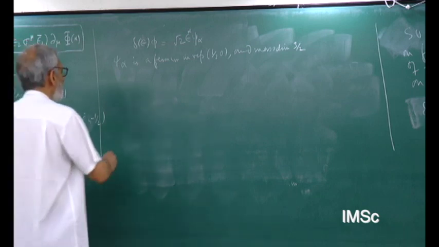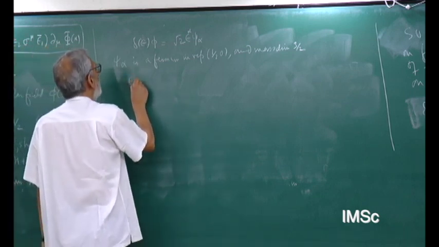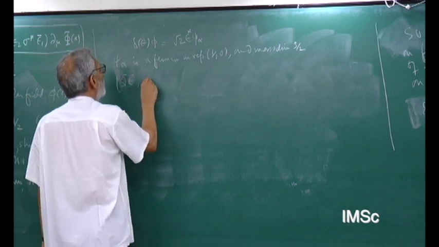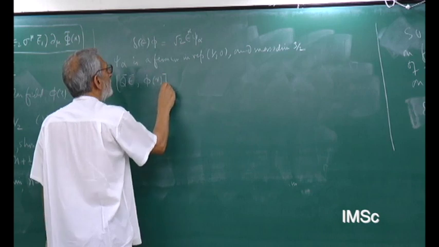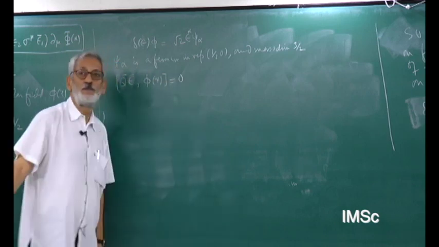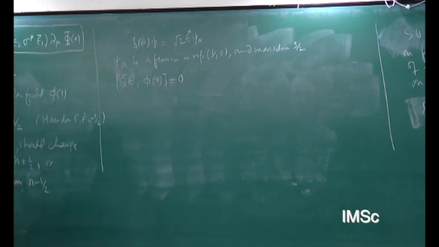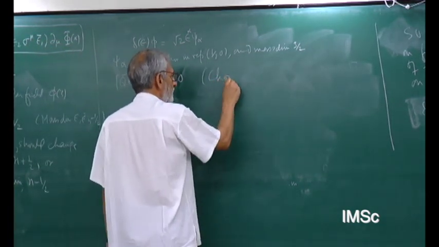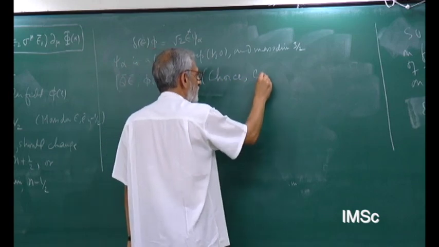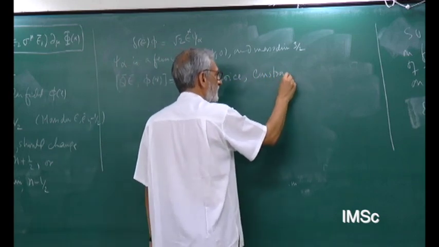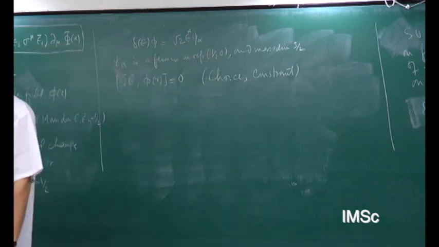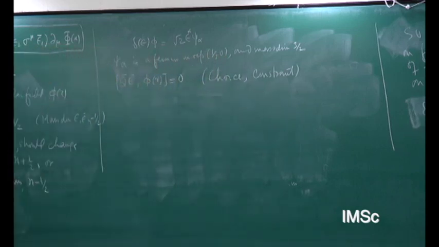Another way of saying that is that epsilon bar Q bar commutator with phi of x is 0. So this is a choice or a constraint. So we impose this constraint on the representation.